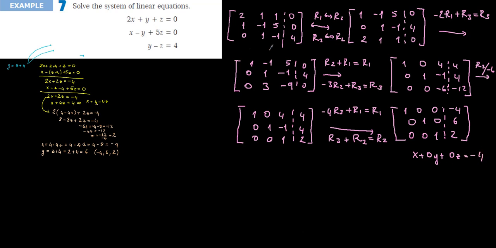If you remember how I wrote this from these numbers, as you see, it's going to be x is equal to minus 4. In the same way, you can say this is y, and y is equal to 6, and z is equal to 2.